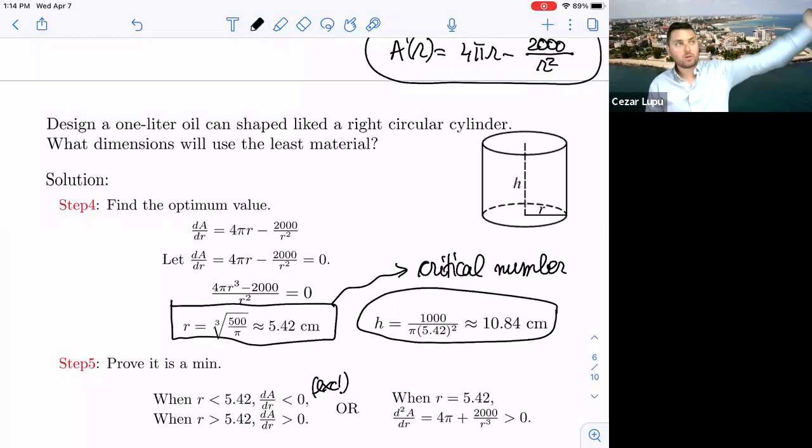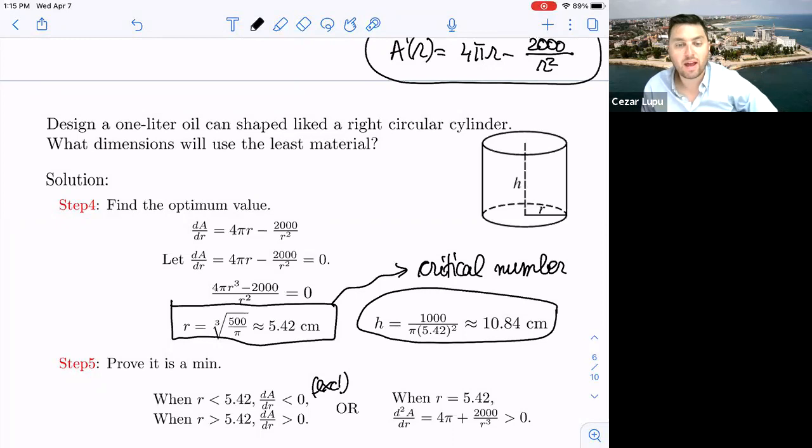It goes down, so it will reach a minimum, and then it will go all the way up from 5.42. Starting from values greater than 5.42, the derivative is positive, so the function increases. So that number will be a minimum. This is how you prove it's a minimum.